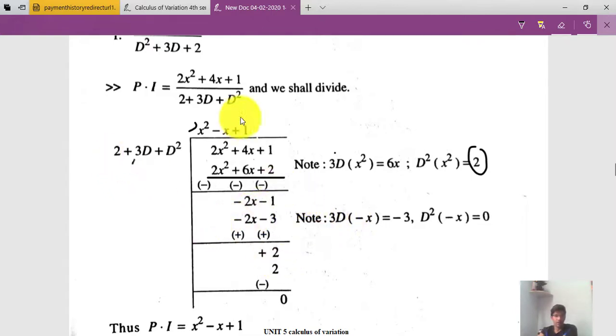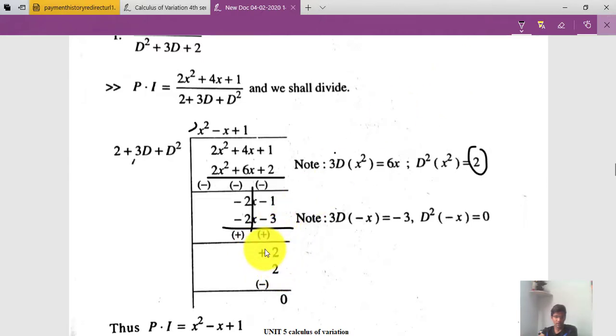So 2 into minus x is minus 2x, and then 3 times differentiation of minus x once is minus 3, so I have written it here, right? And differentiation of x twice turns out to be 0, so I did not write it. Then again plus minus, these two terms get cancelled, you have 2.